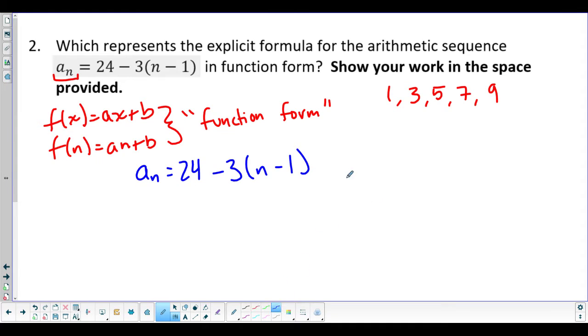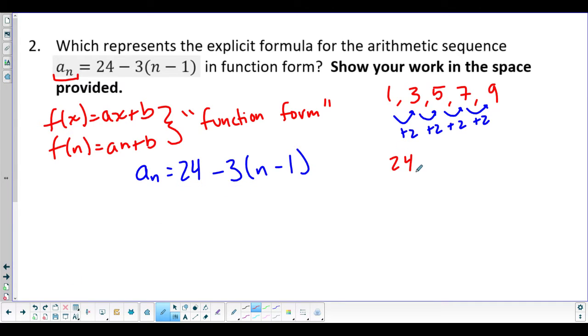It's where I have things in a row with a consistent gap between them where you add or subtract something. Well, this formula represents a sequence that starts at 24 and goes down by 3 each time. This one's our starting term, and this is our common difference.